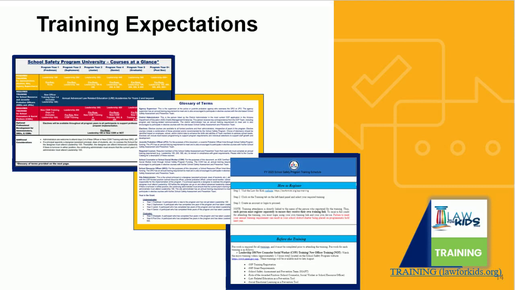It is encouraged that site administrators, district administrators, and awarded positions work together to establish a list of completed trainings. This document should be updated regularly and reviewed by the district administrator to ensure your LEA remains in compliance. For School Safety Program Expansion Continuation Grant participants, you register for trainings online at lawforkids.org/SSP training.